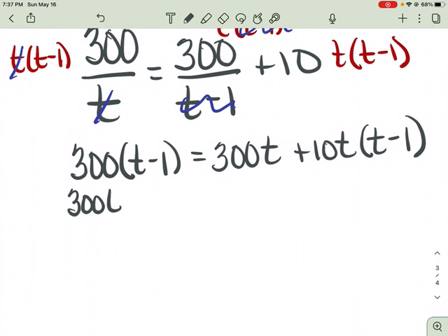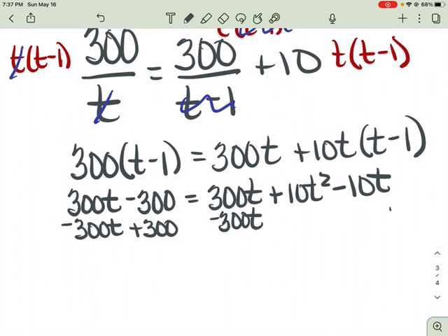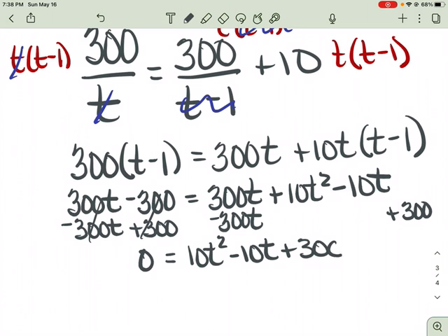So we get 300t minus 300 equals 300t plus 10t squared minus 10t. It's a quadratic, so I want everything equal to 0. I'll subtract the 300t, and those cancel out, and add the 300. So 0 equals 10t squared minus 10t plus 300.